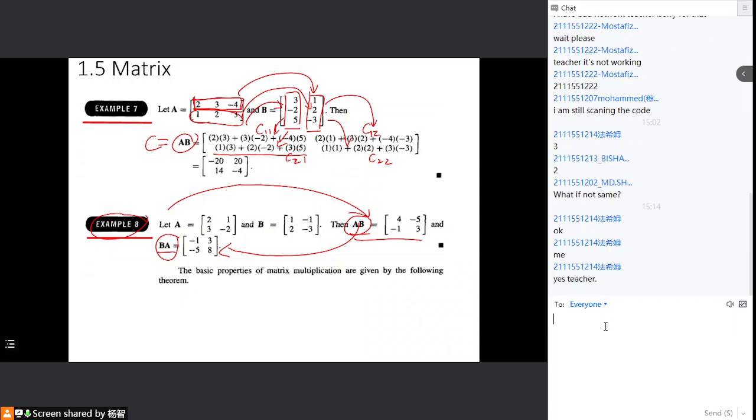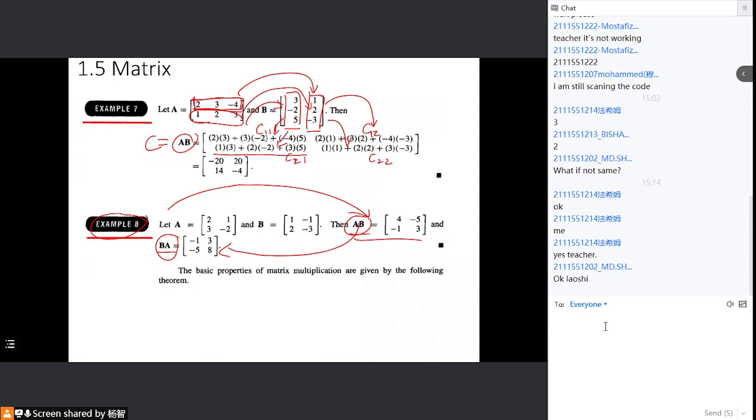Laoshi, could you please give me a Chinese name? Fasimo. Okay, I know. But I hope everyone enters your Chinese name in the meeting and the WeChat group, and I can call you. Laoshi, I don't have any Chinese name. Would you please give me a Chinese name?